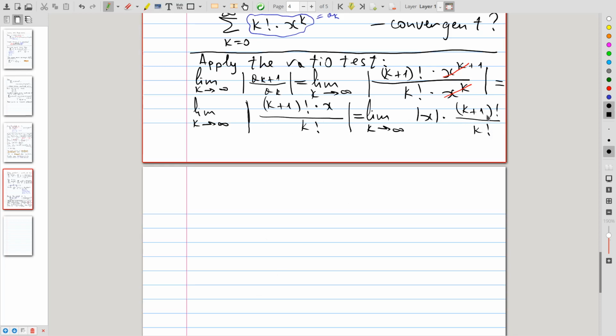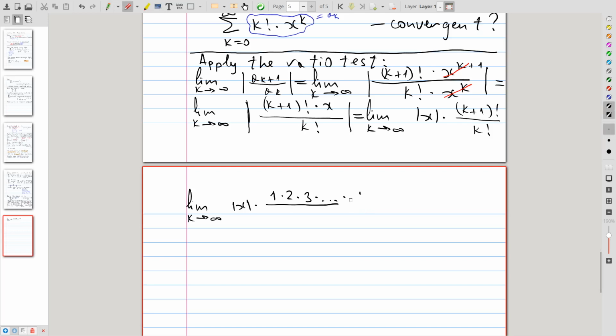Okay, now of course I'm looking forward to canceling out everything in this ratio. So recall that (k plus 1) factorial is the product of all the positive integers starting from 1 up to k plus 1.